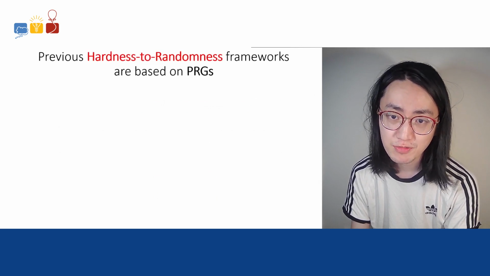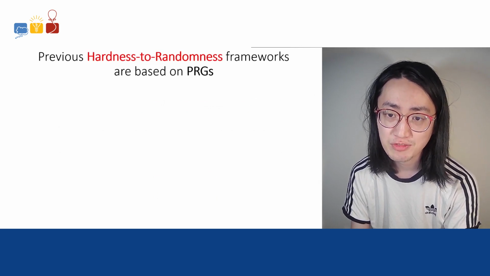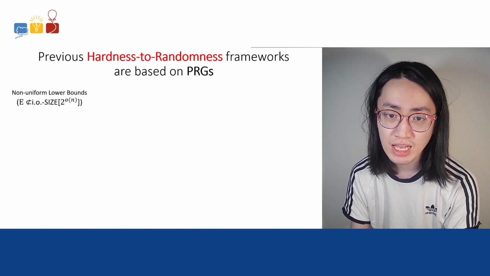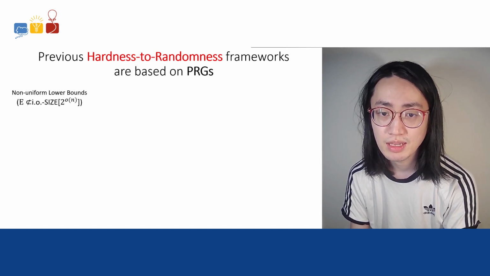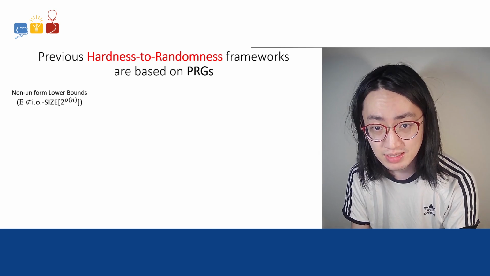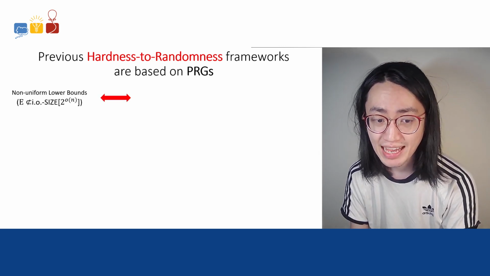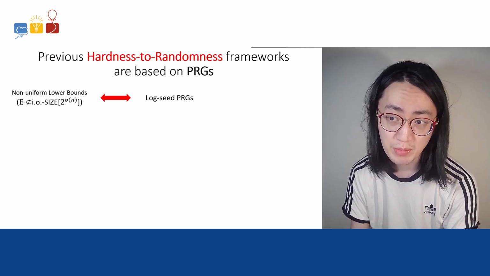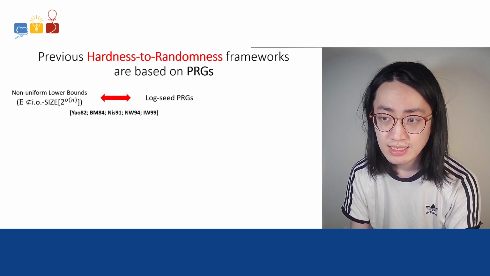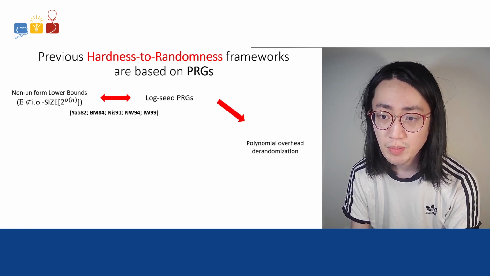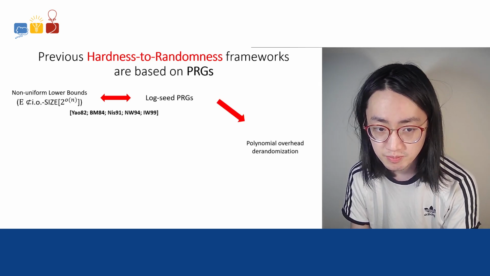As we discussed before, previous Hardness-to-Randomness frameworks are based on PRGs. In particular, from some non-uniform lower bounds, one can get log n seed PRGs for polynomial time computation. And this log n seed PRG implies polynomial overhead derandomization.